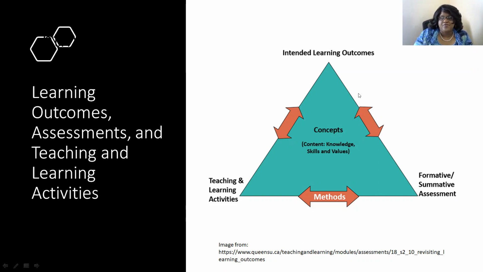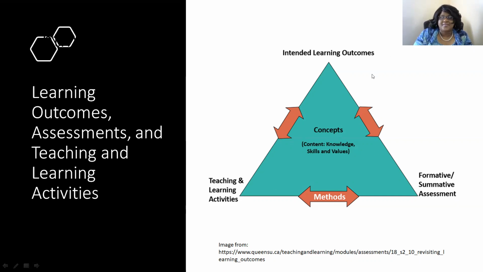Before we move forward, you see this nice little triangle here, and you see the arrows going both ways. Essentially, this is to say that all of these things are interactive, so that your assessments need to relate to the outcome, and your teaching activities need to relate to this stated or intended learning outcome. And they also need to relate to each other.